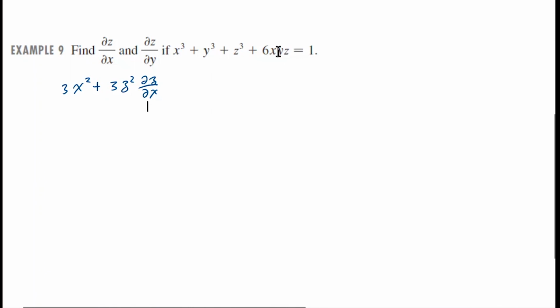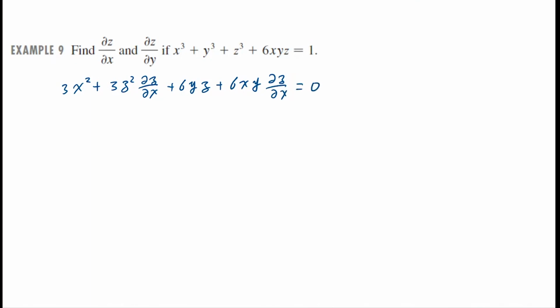Because y is a constant at the moment, x varies and z varies. So we'll think of this 6xy as a u and this z as a v. So 6xy is u, so u prime is 6y. And then v, which is z, plus 6xy, u, and v prime is partial z partial x.